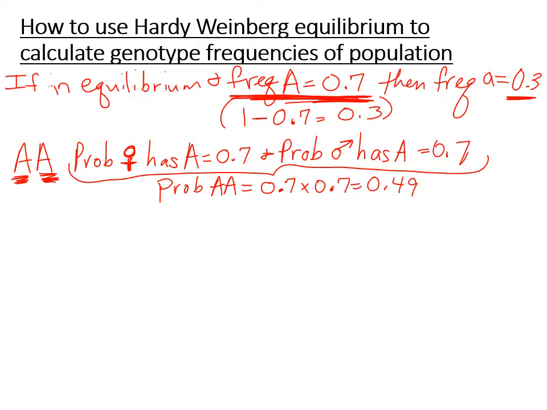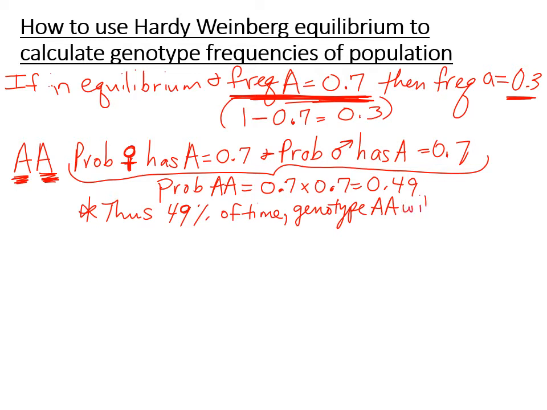So this calculation we just did tells you that 49% of the time, the genotype capital A capital A, or homozygous dominant, will occur in this population.